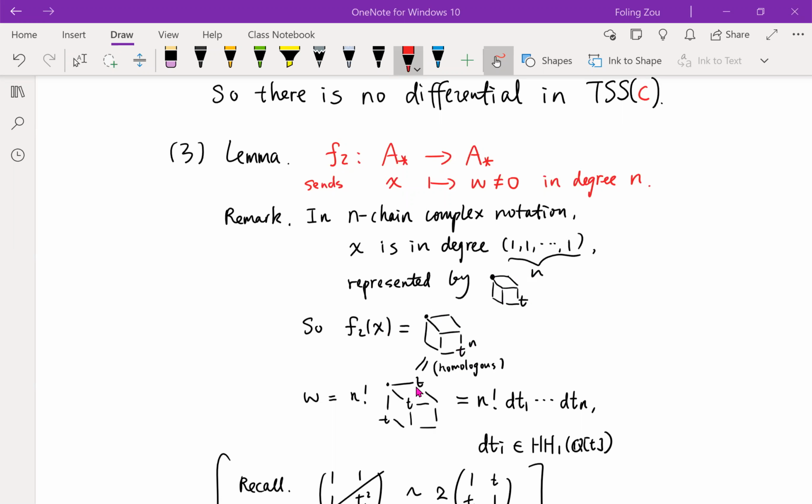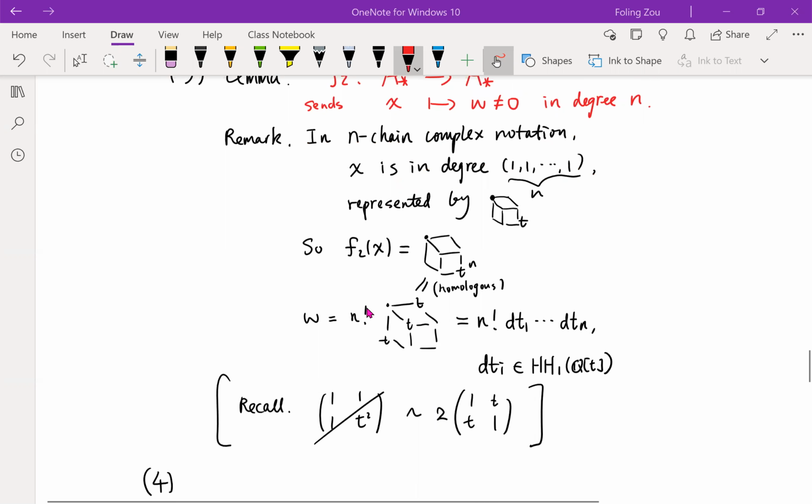And this class is homologous to n factorial times this other class, where now we put T's at the slots that are adjacent to the base point and 1 everywhere else. So this is the class W. And this class also has the name n factorial times these generators in the first Hochschild homology, but it's not relevant for the proof. And this is analogous with this previous fact.